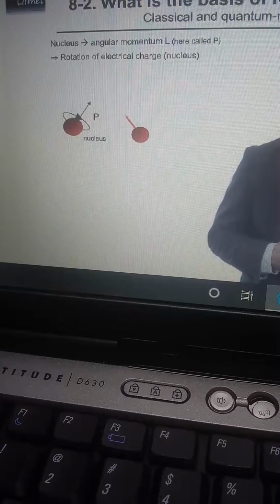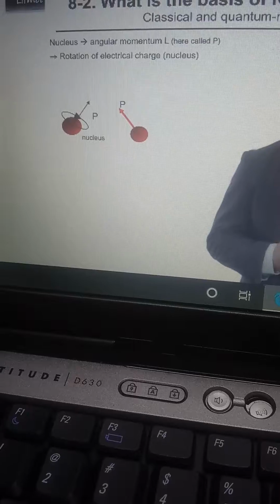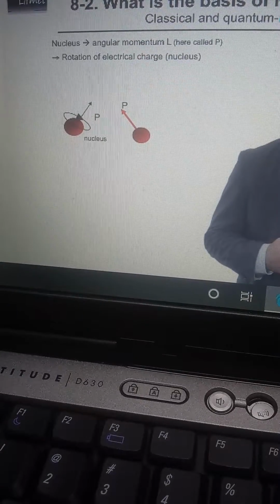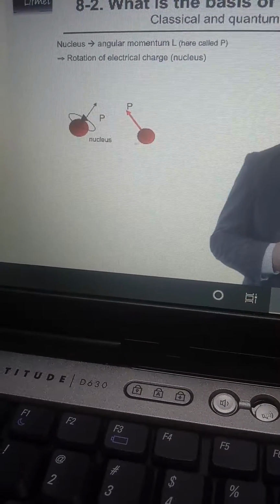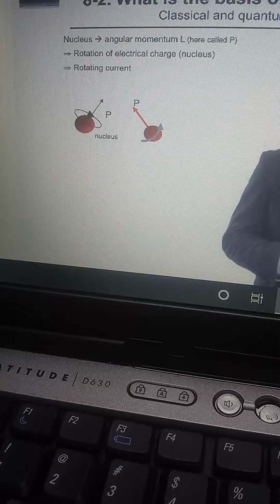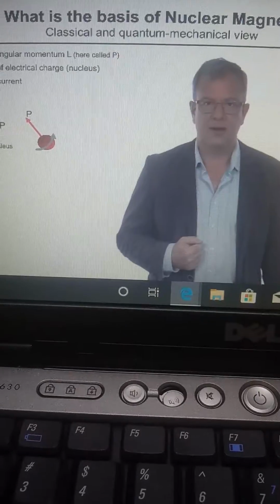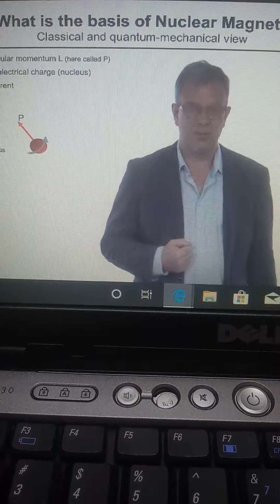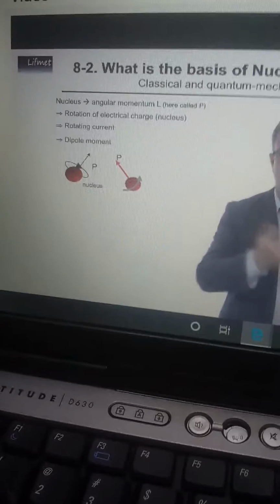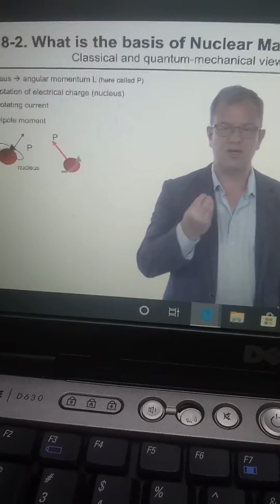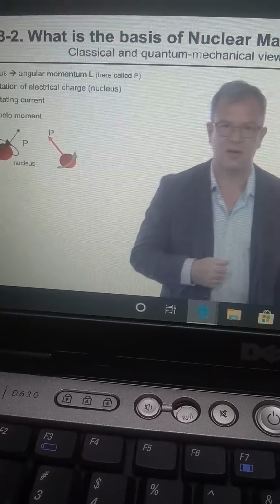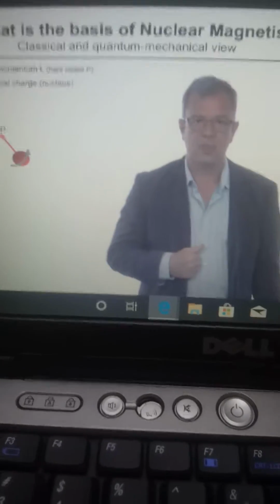So, here is the angular momentum, and since we have a rotating current, we'll associate this with a rotating current, and such a rotating current is associated with a dipole moment. This is again the classical picture. It's not perfect, but it helps us understand where nuclear magnetism comes from.